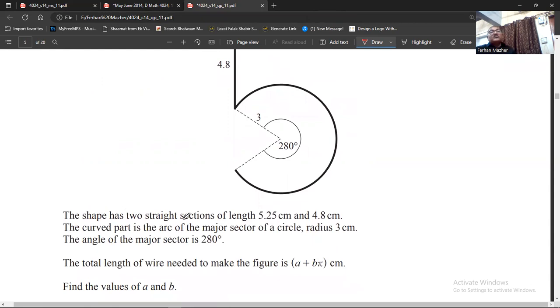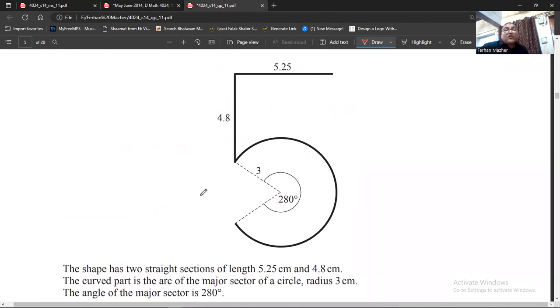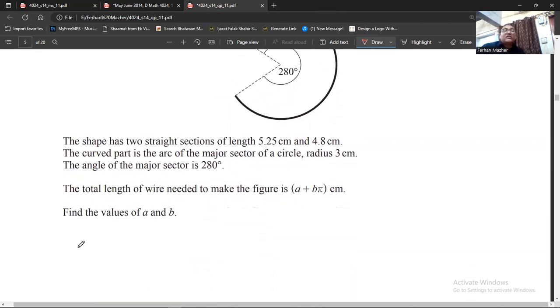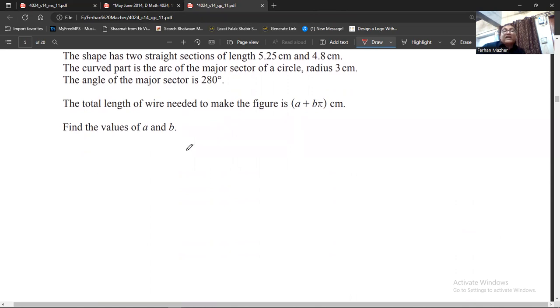The shape has 2 straight sections of length 5.25 and 4.8 centimeters. The curved part is the arc of the major sector of a circle of radius 3 centimeters. The angle of the major sector is 280 degrees. The total length of the wire needed to make the figure is A plus B pi centimeters. Find the values of A and B.